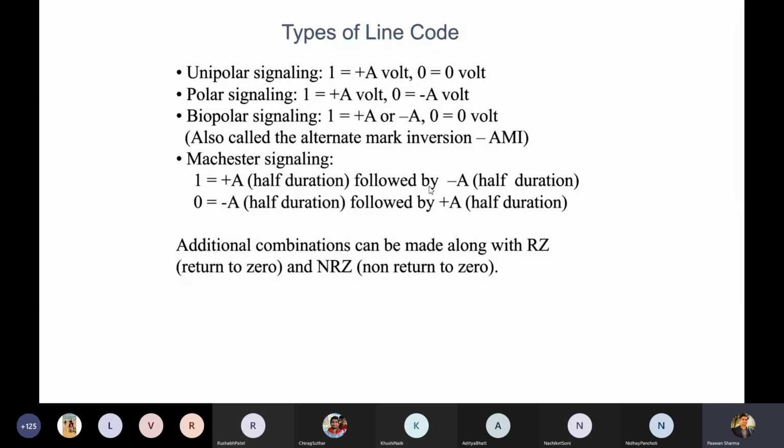Okay, AMI, if you remember. One we are representing using both plus as well as minus voltage, negative polarity. Manchester we have seen: one is a plus polarity signal for half the duration followed by minus A. For 0, first negative polarity will come and then positive polarity for half of the duration. So combinations of all these will lead to different line coding signaling formats. And this example I have also included.